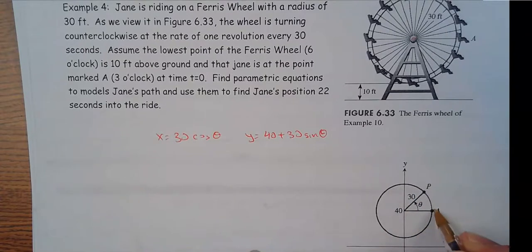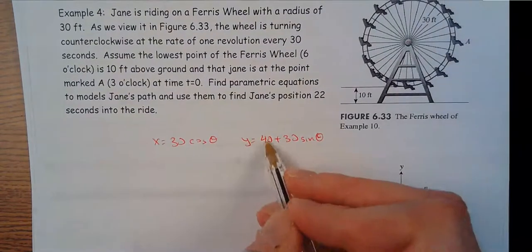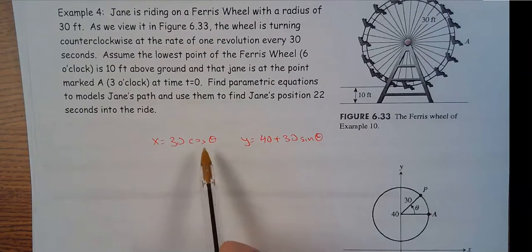So if you're at 0, you're at 40 plus 0, right here at A, you're still 40 off the ground. So you got that vertical shift up 40.